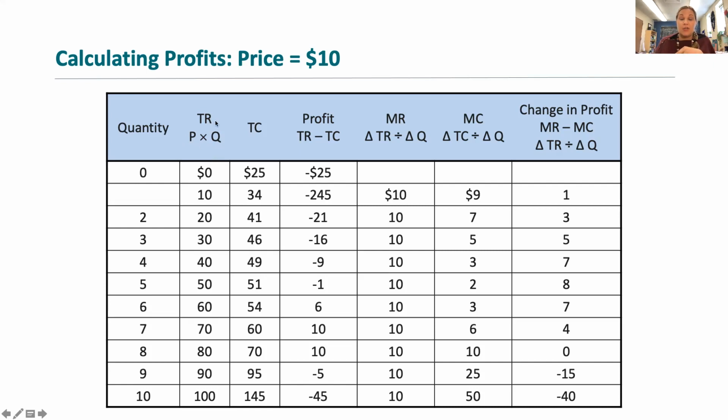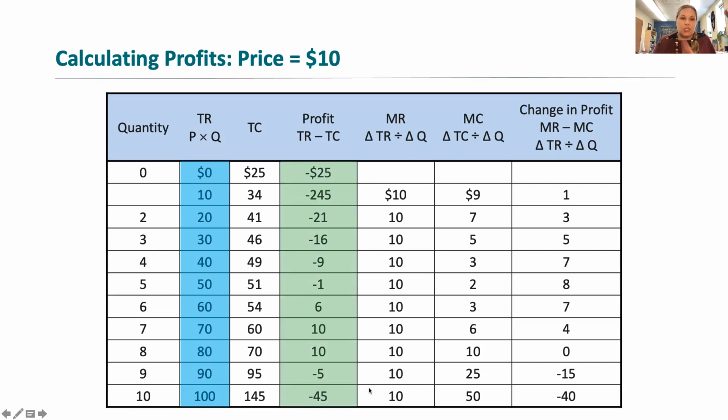Total revenue is all the money coming in from the sale of his service, so it's simply the $10 price per driveway times the quantity of driveways. So when I'm plowing 4 driveways, I make $40 in total revenue. When I'm plowing 7 driveways, I make $70 in total revenue.